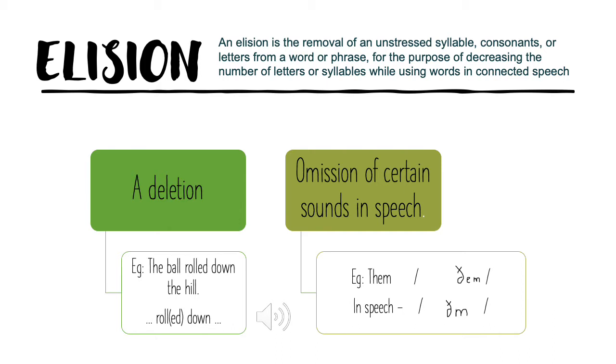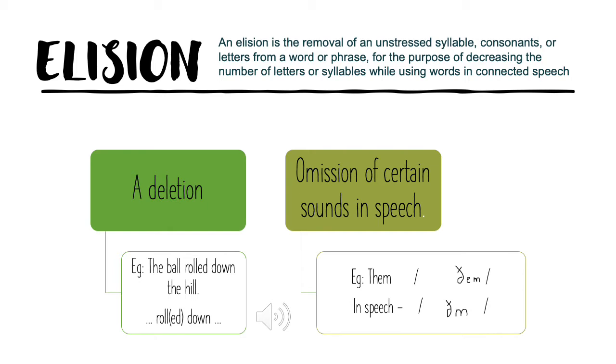So it is a deletion, as we would have, for example, in a sentence like, the ball rolled down the hill, which in speech would be rendered as, the ball rolled down the hill. Rolled and down become combined, and we avoid the d of rolled and make it sound almost like a single word. The ball rolled down the hill.